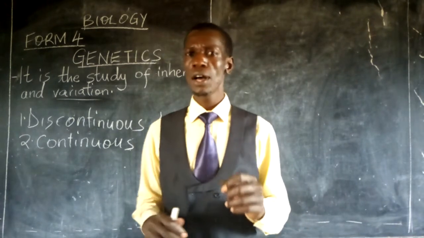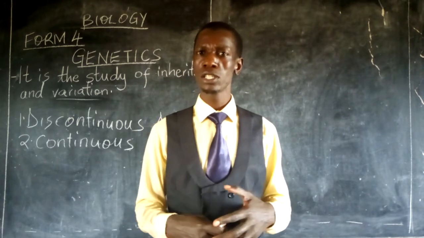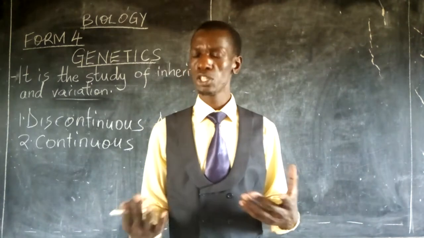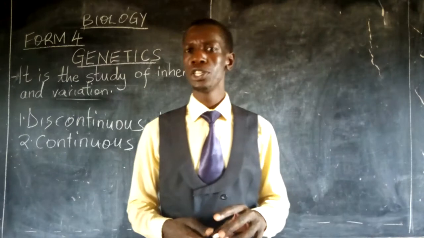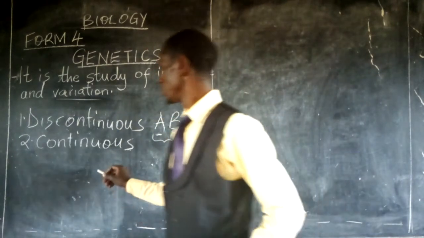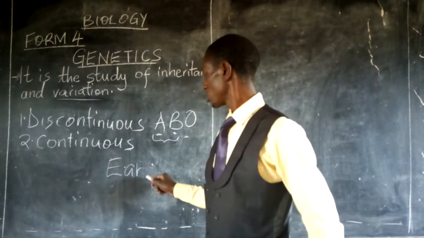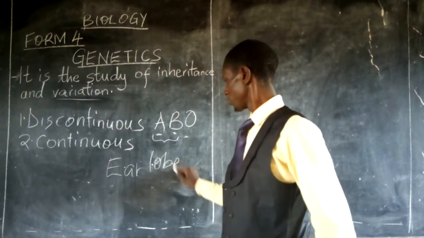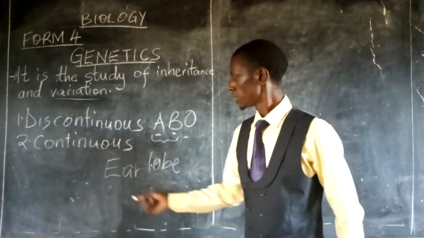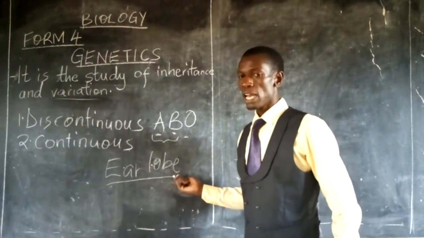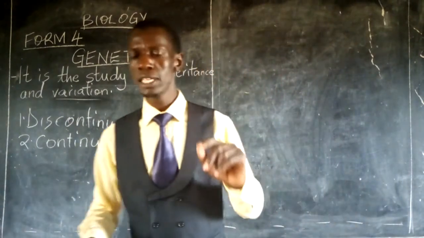There is also another distinct discontinuous variation, which is ear lobe. This is another example of discontinuous variation. For the earlobe, there are only 2 types of earlobes.